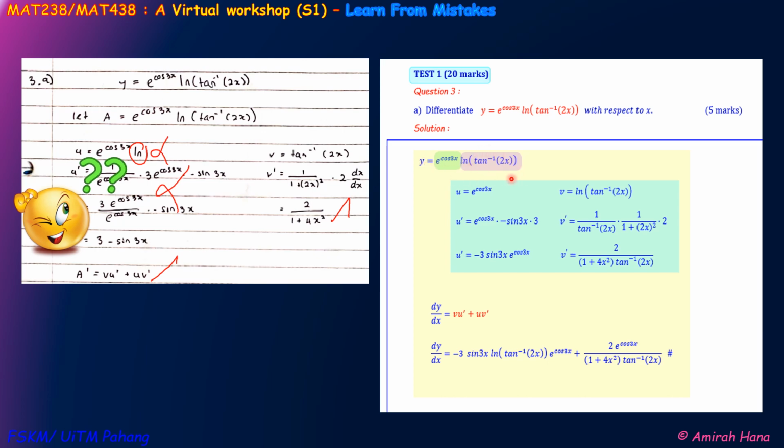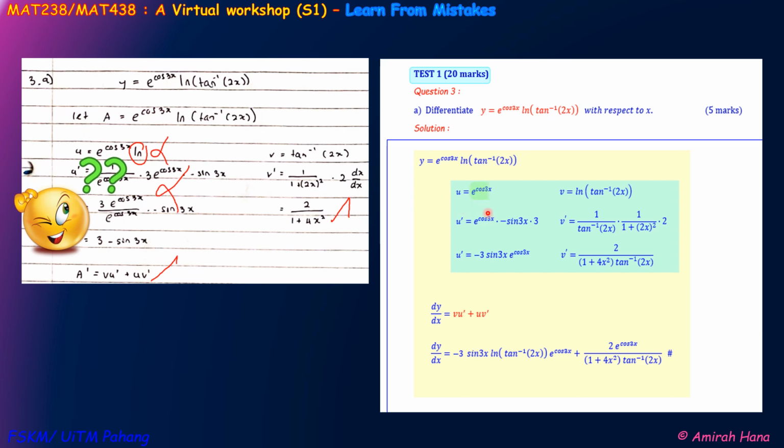Dan hubungan dua-dua ni darab. So, when we have multiplication function, we need to use product rule. And when we use product rule, we need to identify which function as u and which function as v. Lepas tu kena differentiate lah, find u prime and v prime. Right?